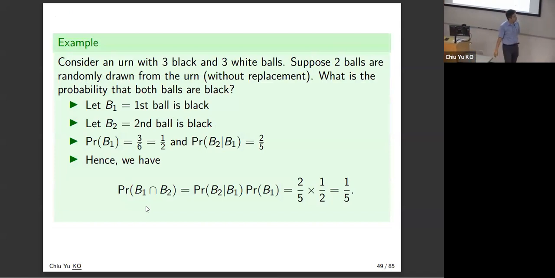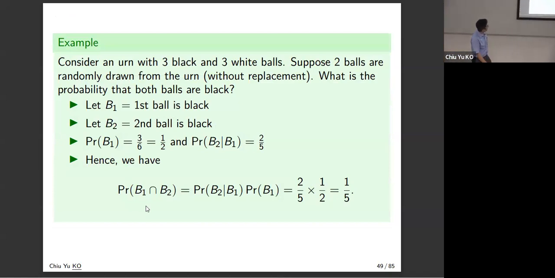You still recall, you try to draw two balls there. What's the probability? Of course, you can actually list out all the possibilities, actually more than 4, but it's a lot, because it depends on how you count the events.